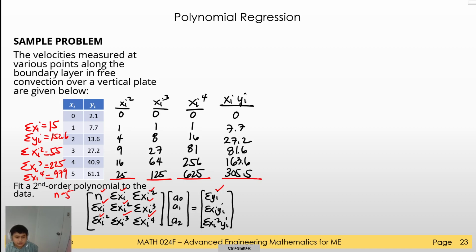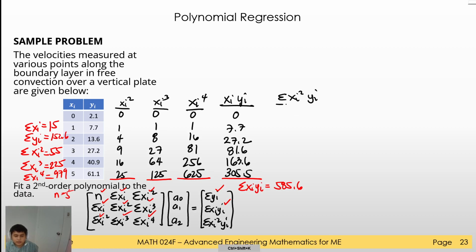So the total of the summation of xi yi is equal to 585.6. Just double check this, guys. You want to study this.